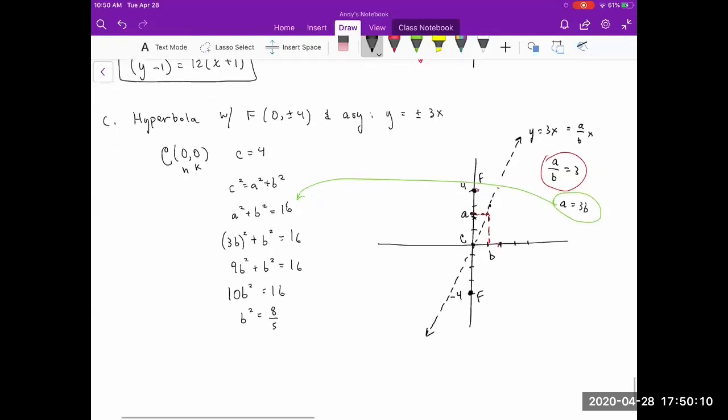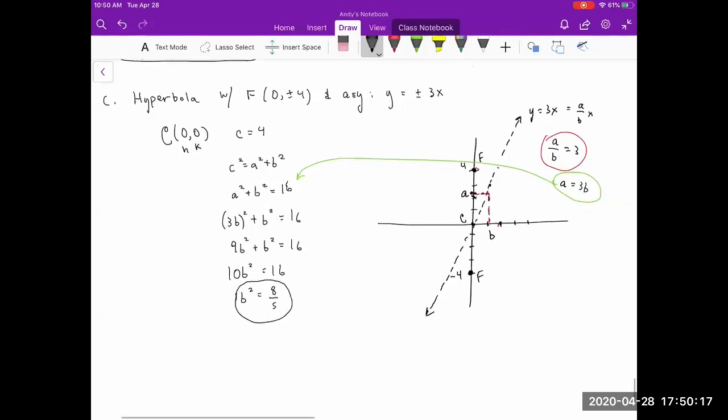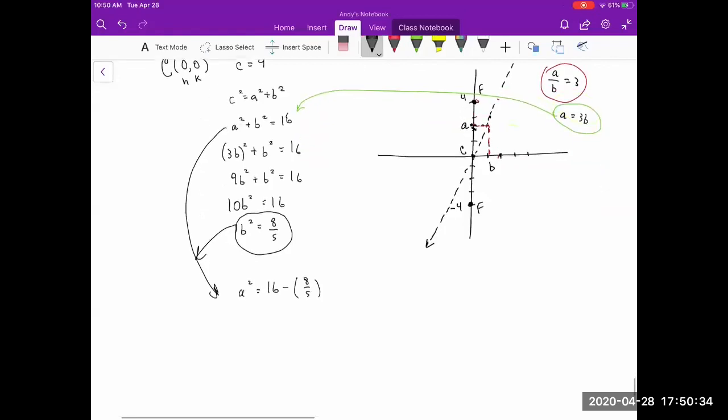I'll leave it like that because remember for the equation, we don't need to find b and a, we just need to find their squares. So we know b squared. And in fact, if we plug this in to this equation, we can find a squared. Notice a squared is equal to 16 minus b squared, and b squared is 8 over 5. 16 is what over 5?